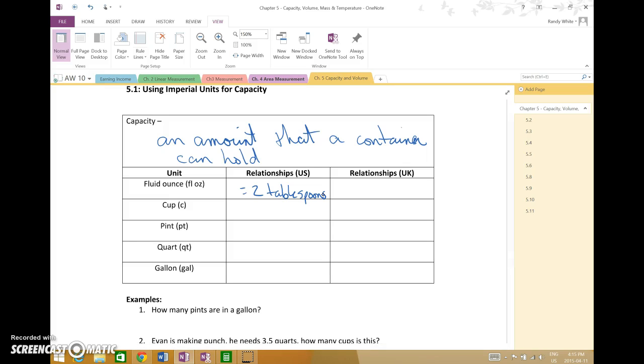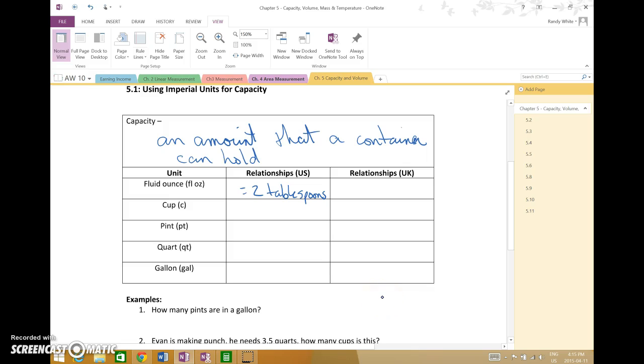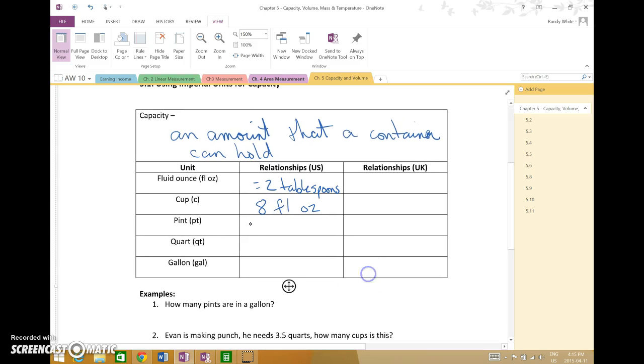A cup, sometimes it'll call for a cup of milk or a cup of water. A cup is 8 fluid ounces. And a pint is 2 cups, or because it's 2 cups, I'm going to take the 8, multiply it by 2, 16 fluid ounces.